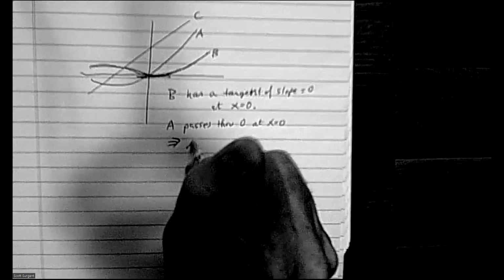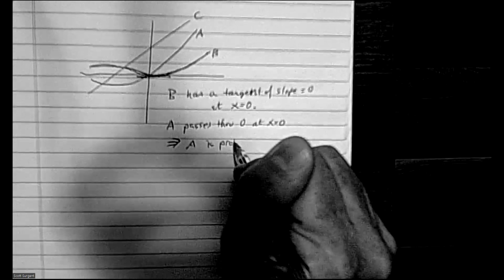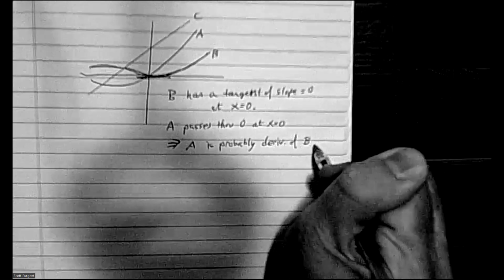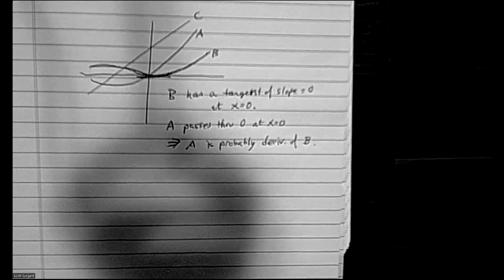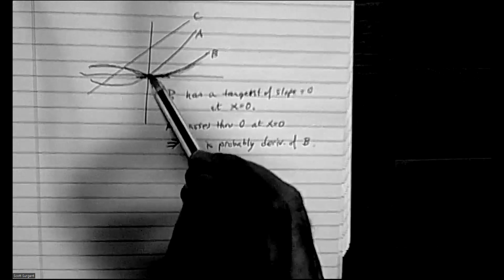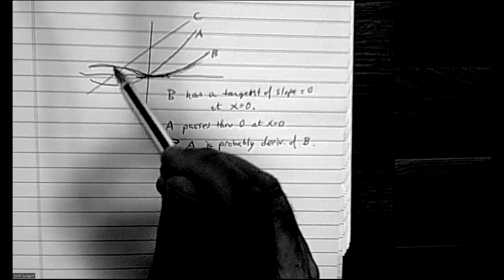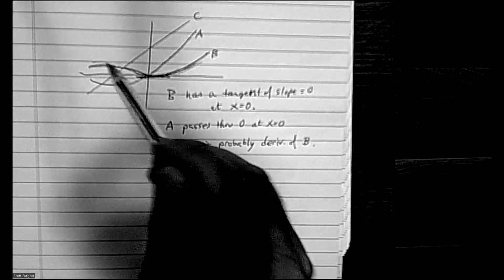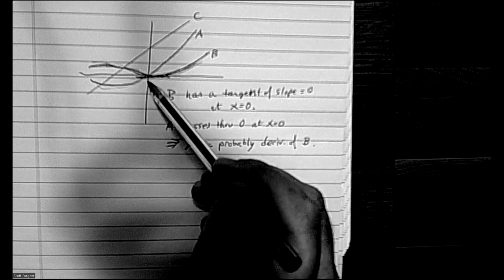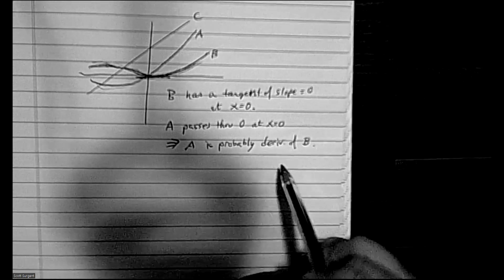This indicates that A is probably the derivative of B. You'll also note that B is going uphill to the right of 0, and A is positive to the right of 0. B is going downhill to the left of 0, and A is negative to the left of 0. So that's another indicator that A is probably the derivative of B.